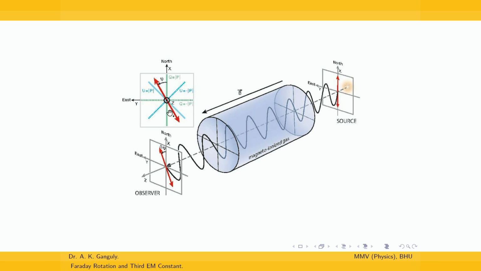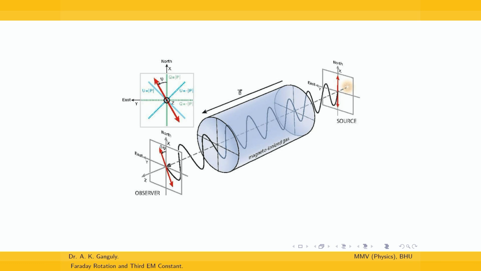The rotation we have shown here by a red arrow from the original one, with angle psi, and psi is the angle that it assumes with respect to its original direction upon emergence from the region where this magnetized plasma exists.